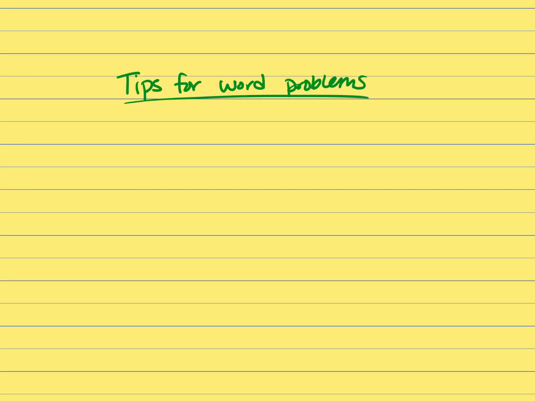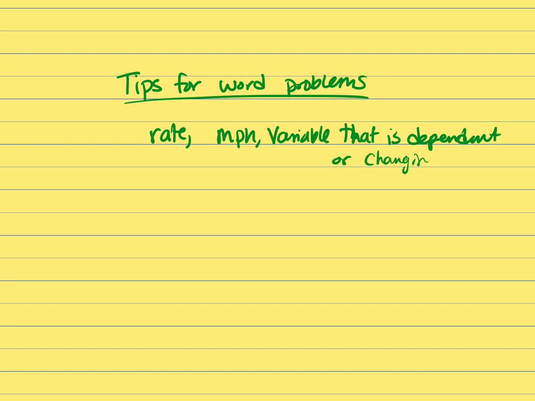So here's a little tip for word problems, because there are 6 of them on your ICA that I counted. There might be more though. Whenever you have a word problem, there's always something that has a variable that's changing. So they might have a rate, like miles per hour, or kilometers per minute. Basically it's a variable that is dependent or changing, like bowling, for example.